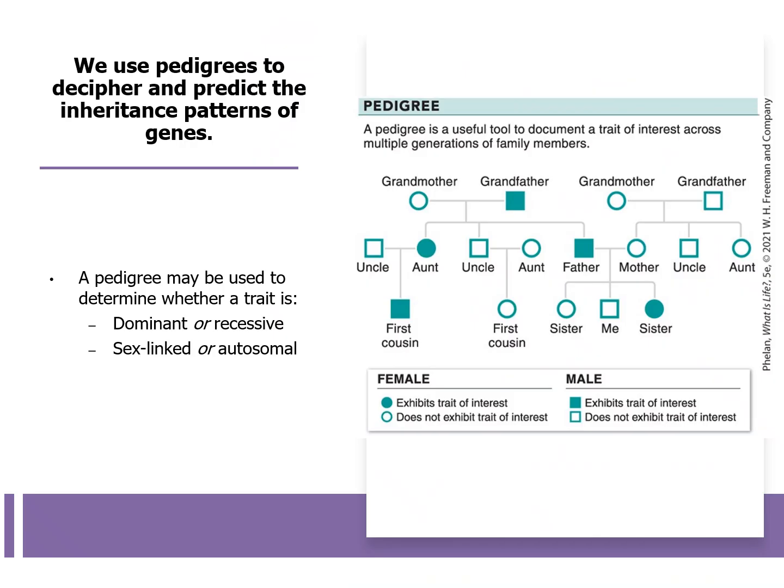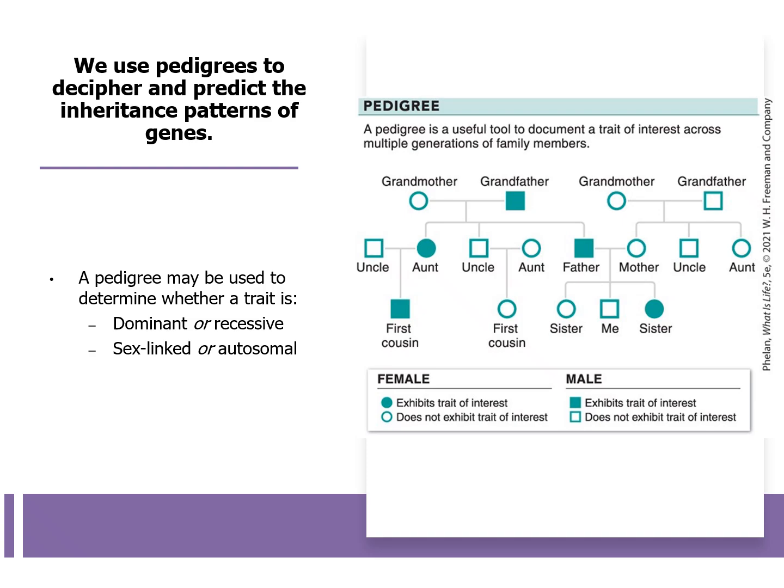That leads us into a pedigree. Pedigrees are very useful tools that help us look at a trait and its inheritance within a family across multiple generations. So all I need you to know about a pedigree is that it is going to help us determine whether a trait is dominant or recessive, sex-linked or autosomal.